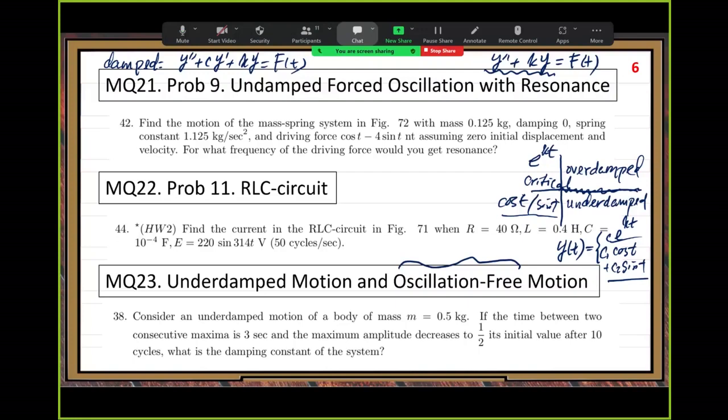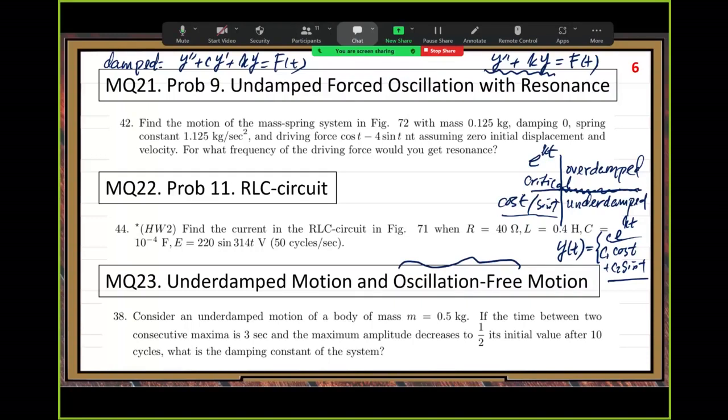And maximum amplitude decreases because there is an E part. When you write cosine sine, there is an amplitude part. This is the oscillation part. Other than the oscillation part, there is an amplitude part.